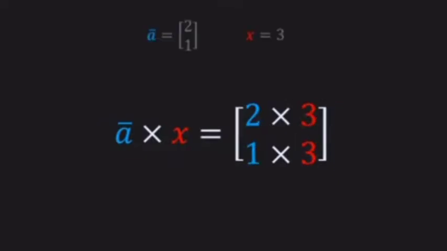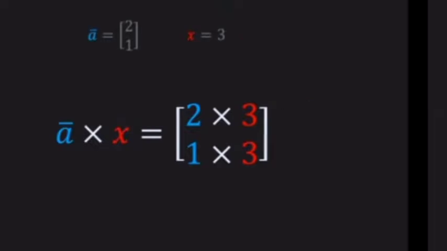Let's have an example using numbers. Let's say vector A is 2, 1, and we are going to multiply that with the scalar x, which is equal to 3. So we're going to multiply the elements of vector A by 3. So that is 2 times 3 and 1 times 3.